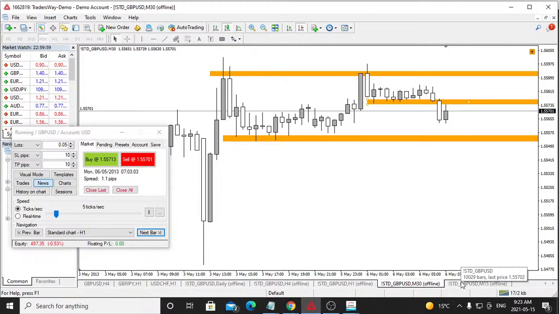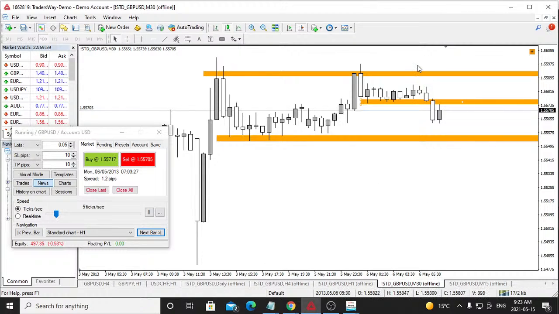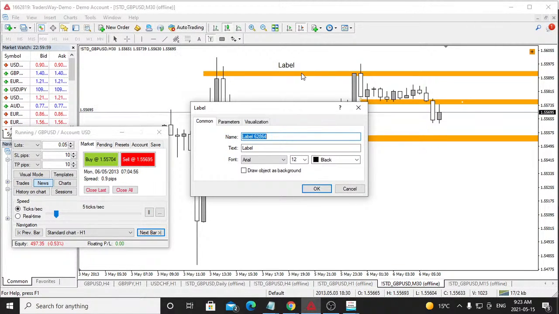Let's see. I'm looking for potential buys above this section.